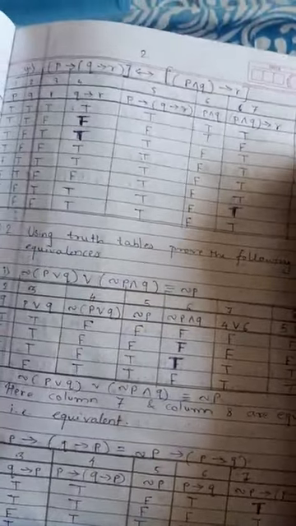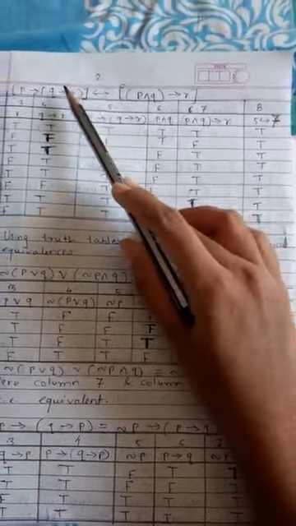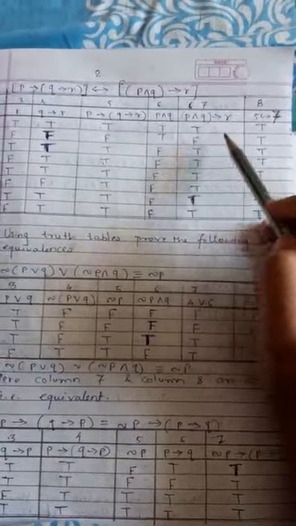Sorry, here it should be 7. Just a second. So the double implication of the whole thing: 5 double implication 7.